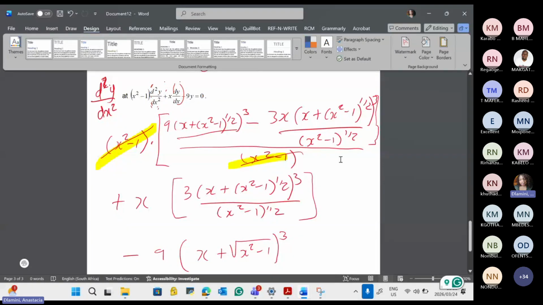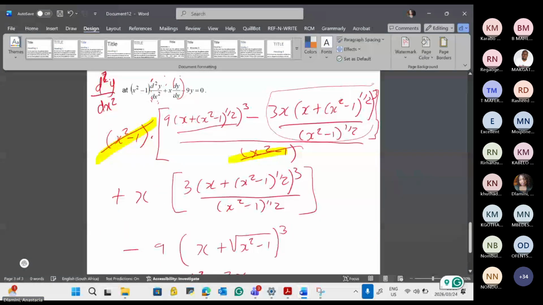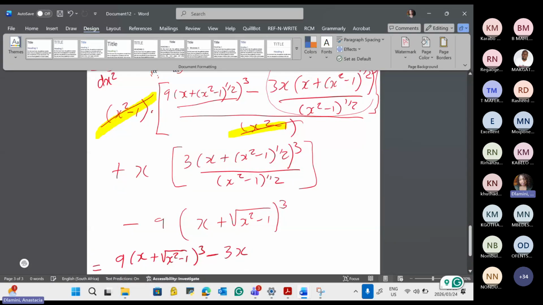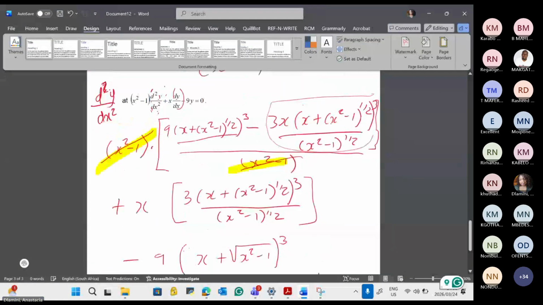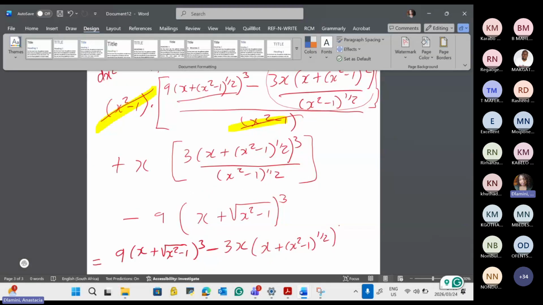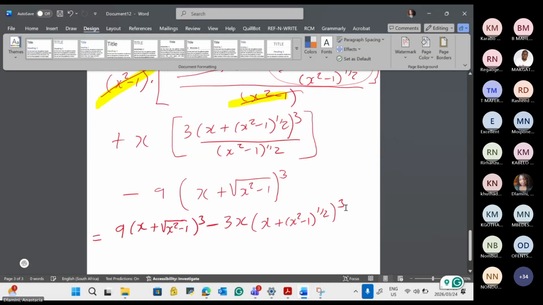And then we are also left with this, which is minus 3x times (x plus the square root of x squared minus 1) to the power of 1 over 2, over (x squared minus 1) to the power of 3 over 2.